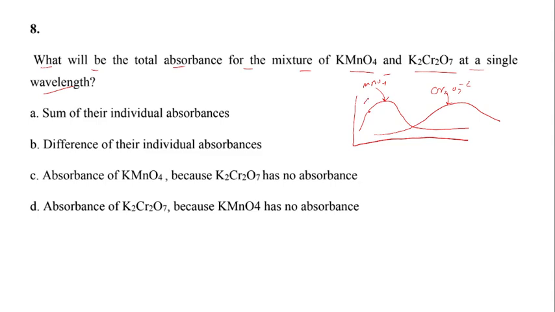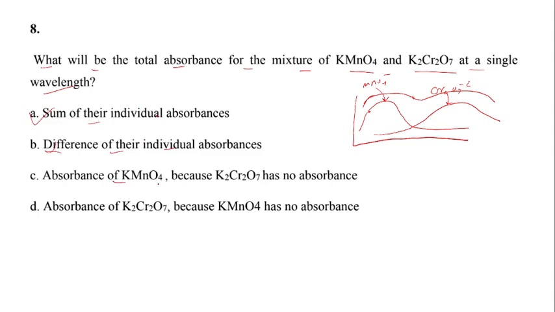So the overall peak will look like this. Like that you can find out which compounds are present in your sample. So addition will be there, or the sum of their individual absorbances. Difference is not correct. Sum of them is correct.